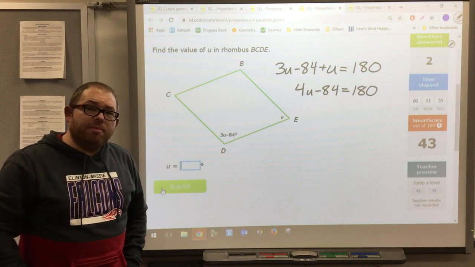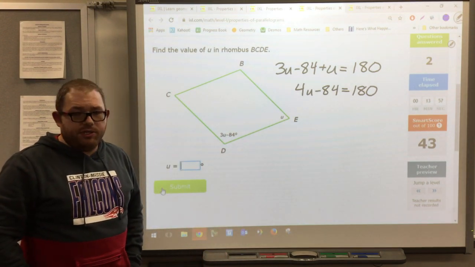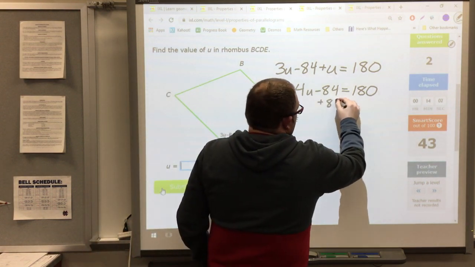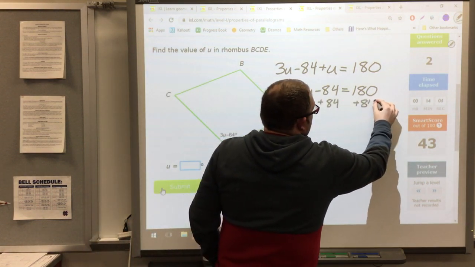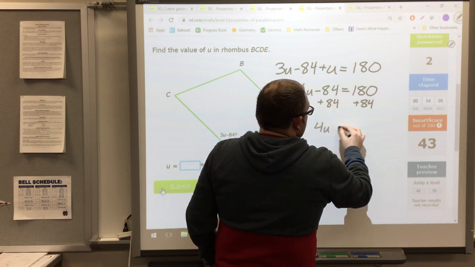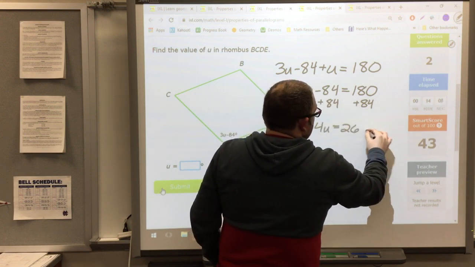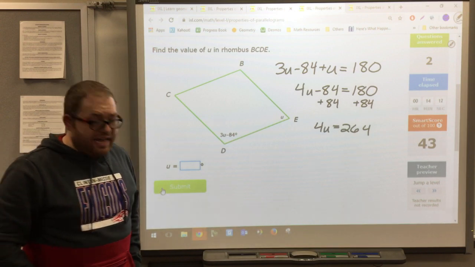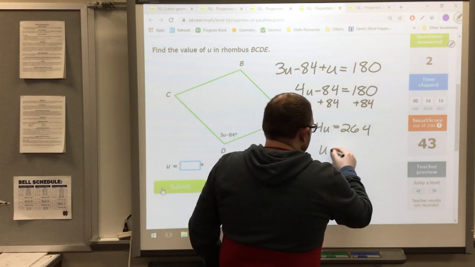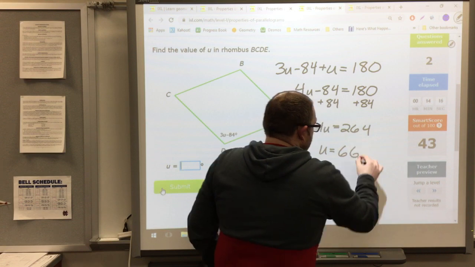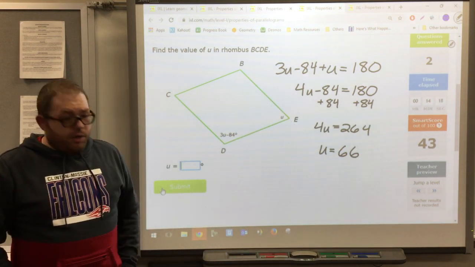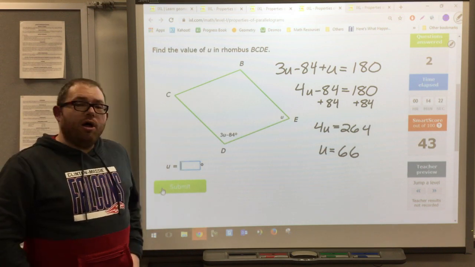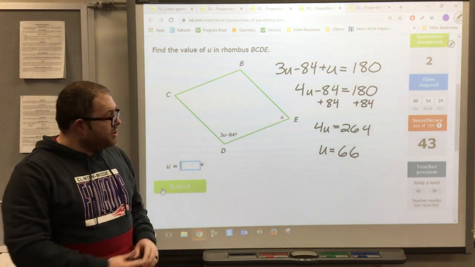From here, the problem is very similar to the previous questions. Let's do our algebra. And then I just simply have to divide. So, once I have solved for u, all I have to do is plug it into my answer.